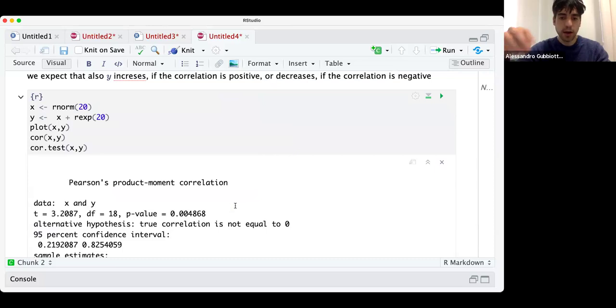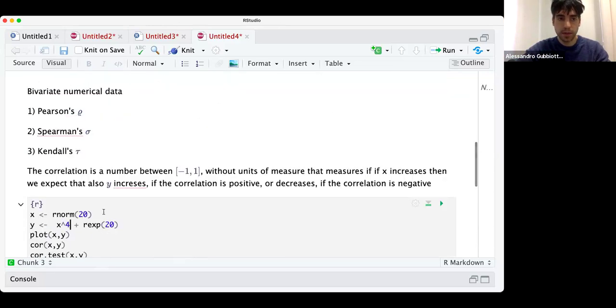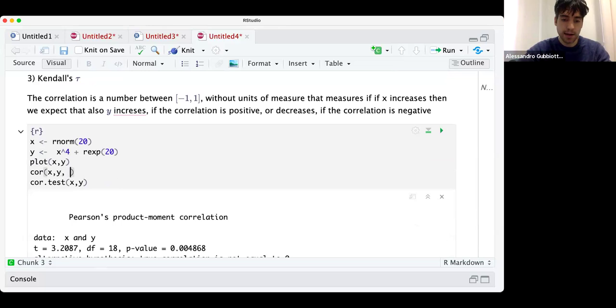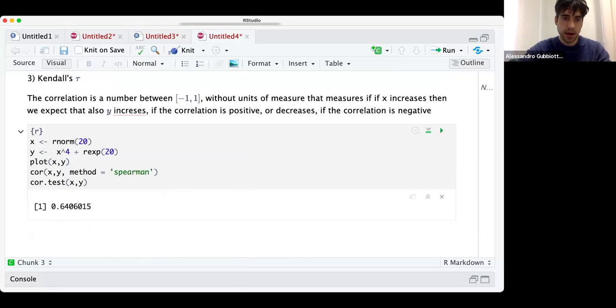They are able to catch arbitrary monotone behavior, like it could be that y is equal to x squared plus x to the power 4 plus an exponential, and Kendall's tau or Spearman's correlation will give better results. So we can try to compute the Spearman correlation and the Pearson's correlation and see the difference in this case.